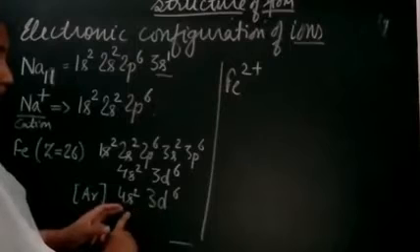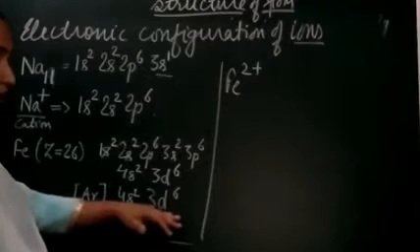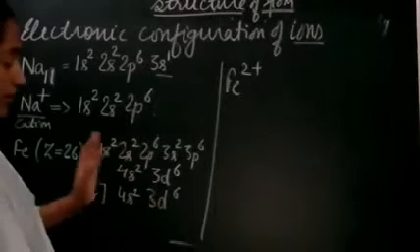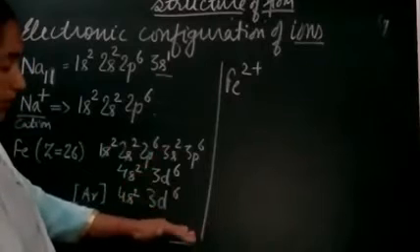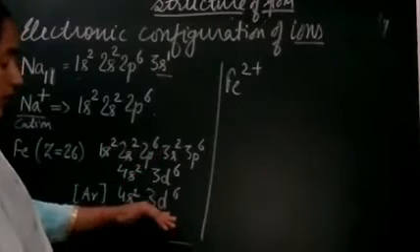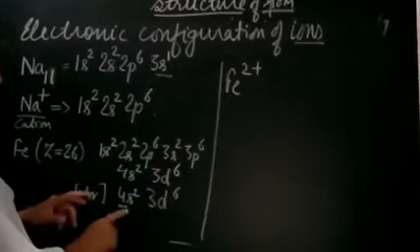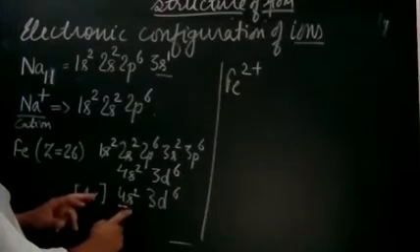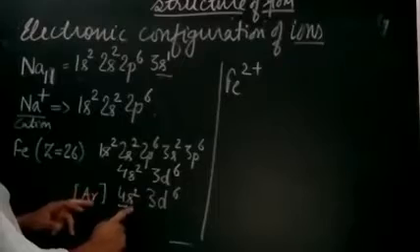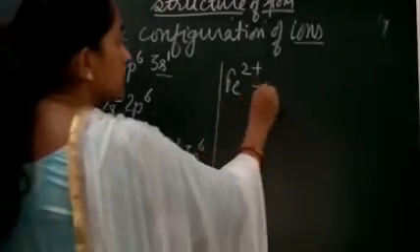Tell me which one is the outermost shell? This is not the outermost shell, this is the energy. We have written it in the energy level diagram format. So we have to find the outermost shell. The outermost shell is n equals 4 here. So the electron will be removed from the outermost shell, that is 4s. It will become 4s0. So what is the configuration here?